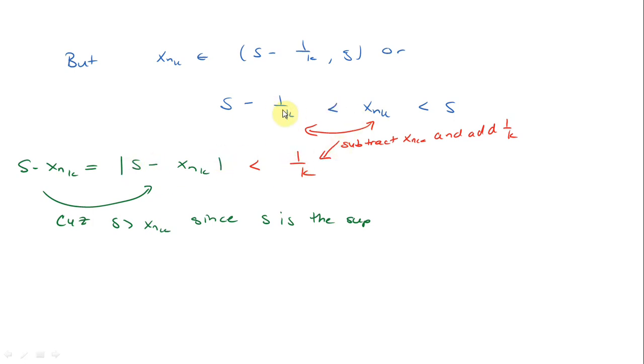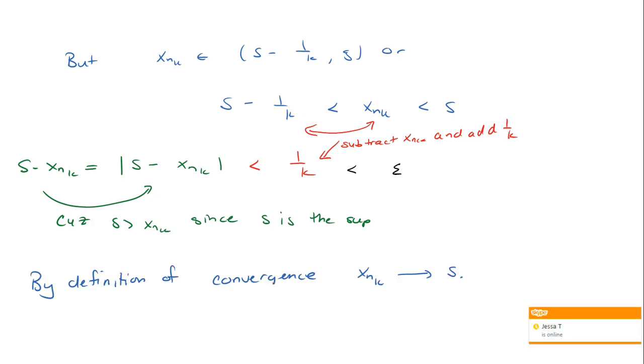I'm just messing with this side of the inequality. But 1 over k was set to be less than epsilon. That's the definition of convergence. I have to show, given epsilon greater than 0, there exists a capital N. I've shown you what that capital N is so that this inequality holds. Done.